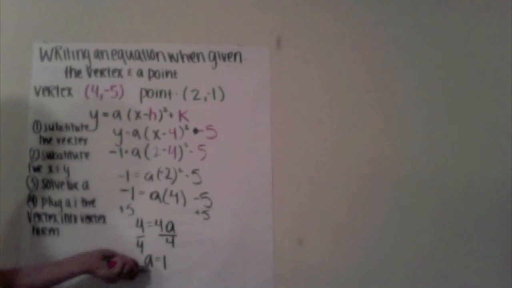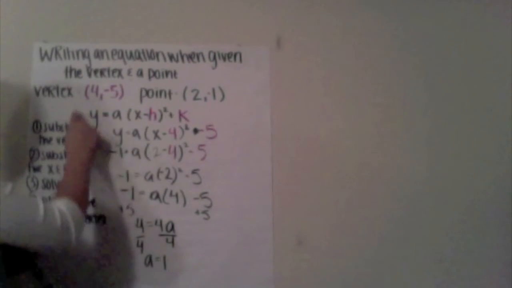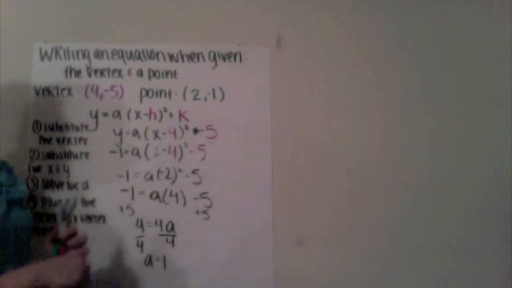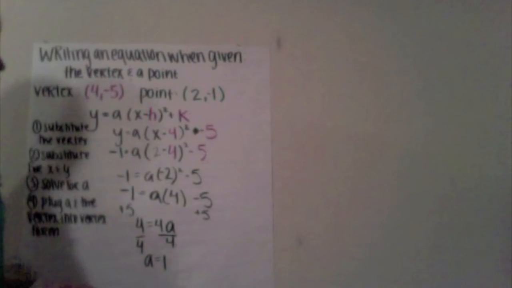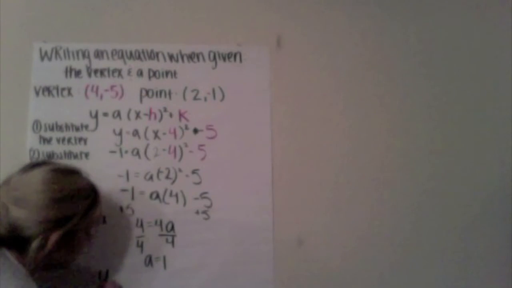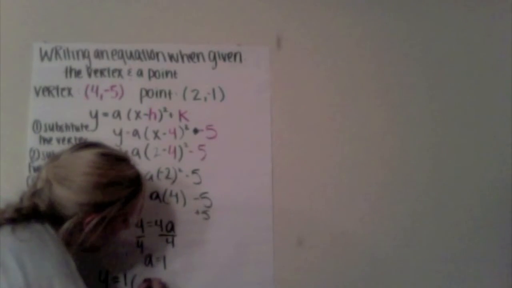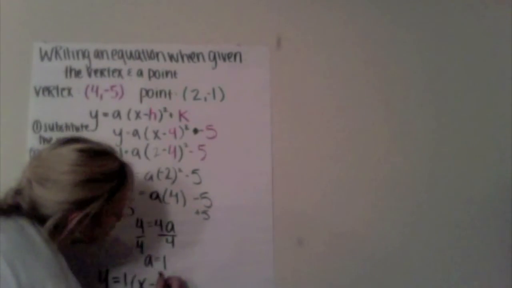Now that we have that a and we have our vertex already given to us, we can plug it into our vertex form of the equation, and that's the equation that we're looking for. So our final answer, the equation that we need to write, is y equals a, which is 1, times x minus our h value of our vertex, which is 4, squared, plus our k value, which is negative 5.